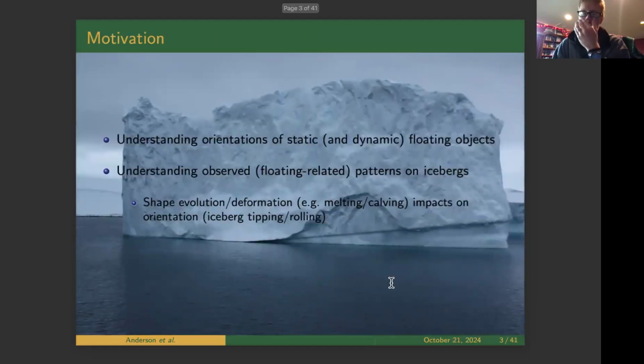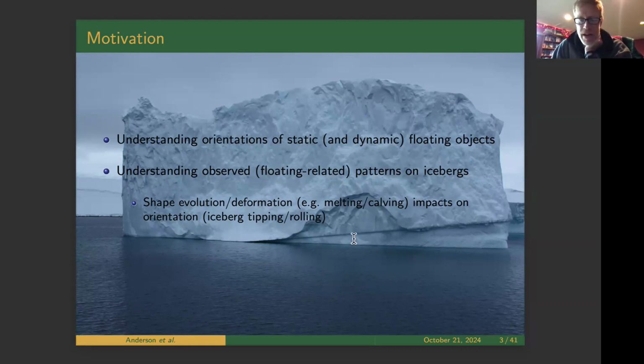So when I first presented this problem to that first group, I said, well, here's kind of what motivates me to think about this. And I showed them this iceberg picture. And so I said, well, what can we say about understanding orientations of static and maybe dynamic floating objects? And in particular, maybe understanding observed patterns on the icebergs. And I added here floating related patterns because I'm not sure I want to attempt to describe the details of this kind of irregular structure where this thing is presumably broken off from some glacier.